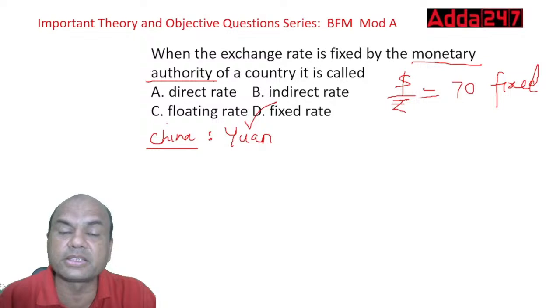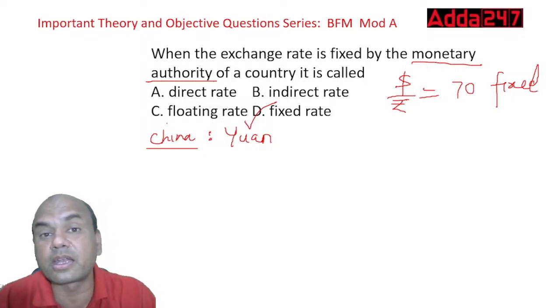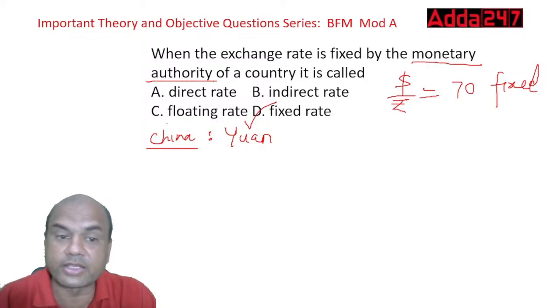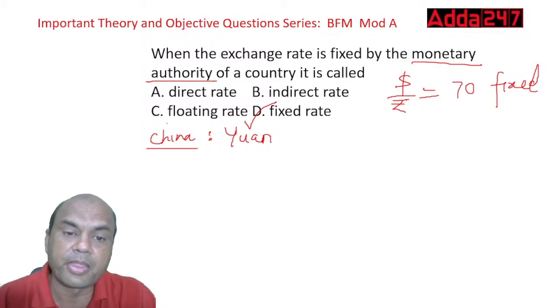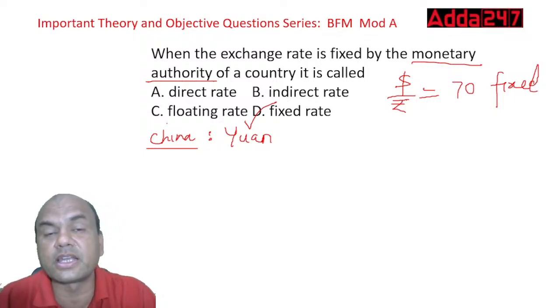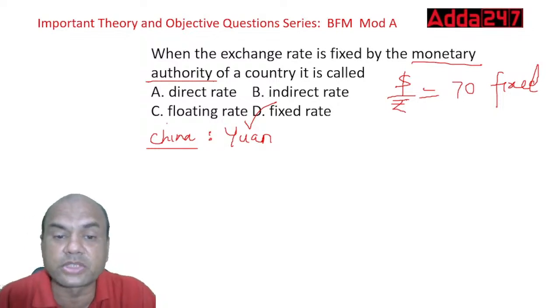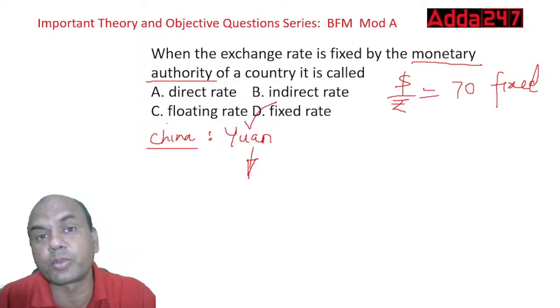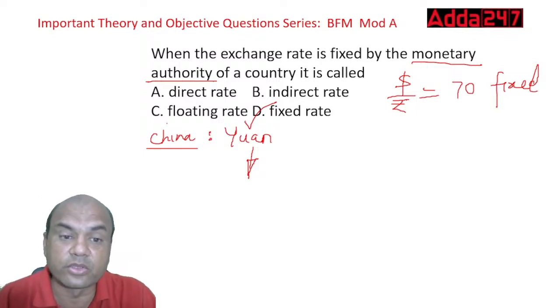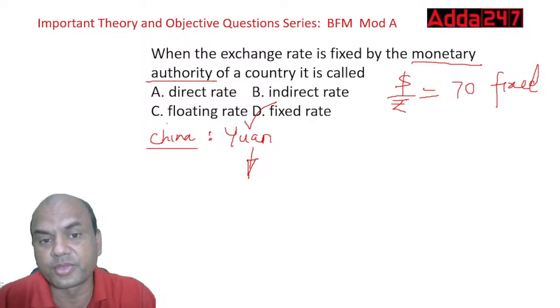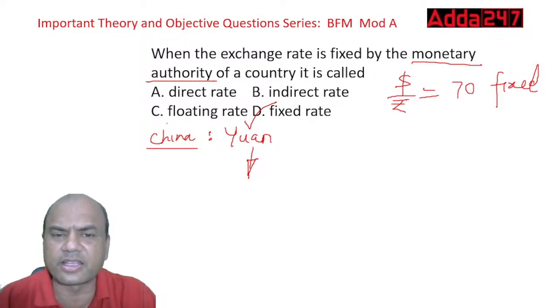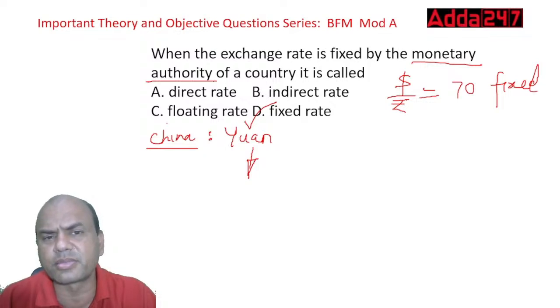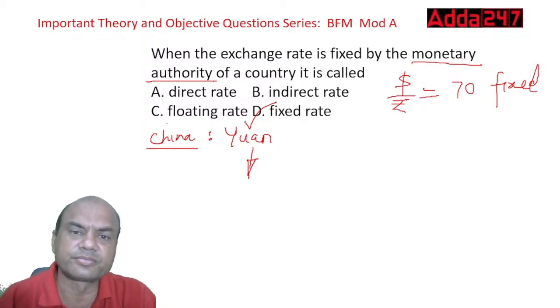Administered means it is administered by the government, direct interference. Whereas in India, it's not fixed by RBI or anyone. It is based on demand and supply. China interferes in its currency, and if it wants, it can reduce the rate. If it wants, it can increase the rate whenever the government decides. So this is known as an interfered rate. They say that yes, we are also a free floating currency, but nothing like that. Okay, it is fixed. Got it?